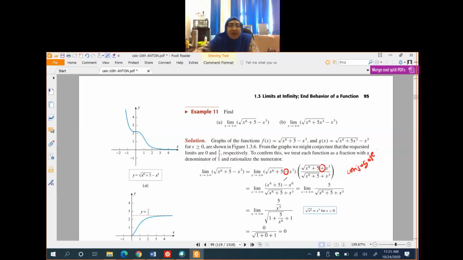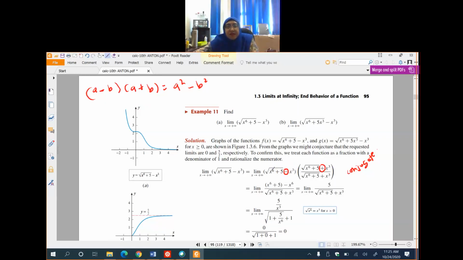Actually this is from a minus b multiplied with a plus b, it will be a squared minus b squared. Your a here will be square root of x to the power of 6 plus 5, and your b is x to the power of 3.